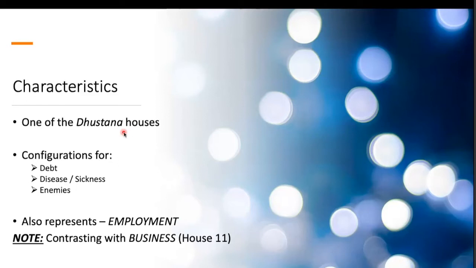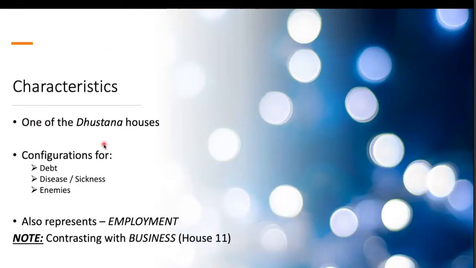And yeah, you have to look at the aspects of what the planet Mercury represents, and you work out your methodology of carrying out a forecast for your clients based on that.